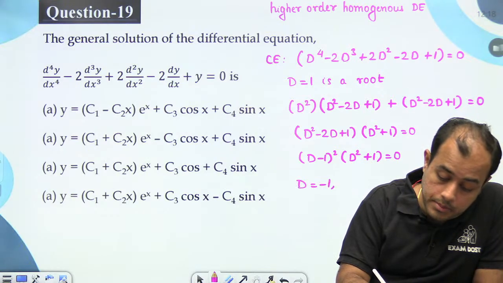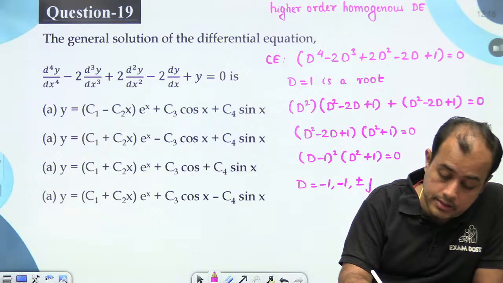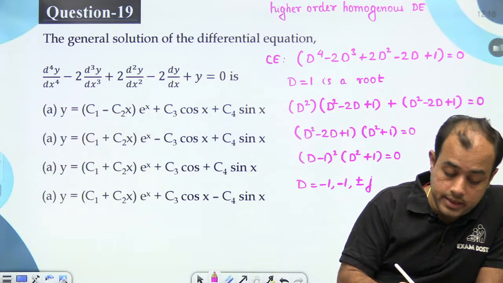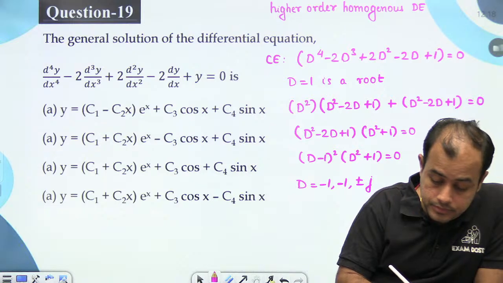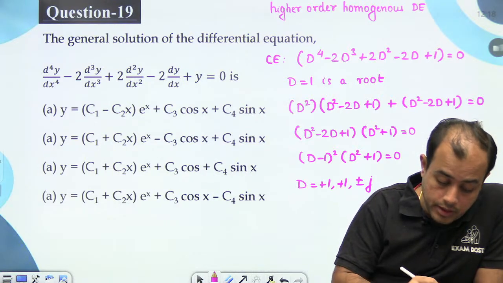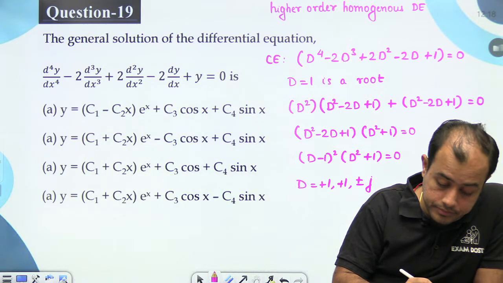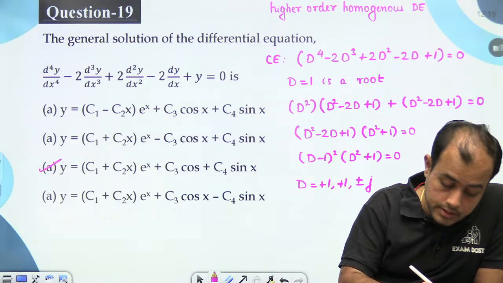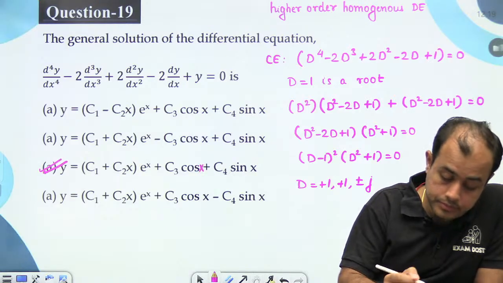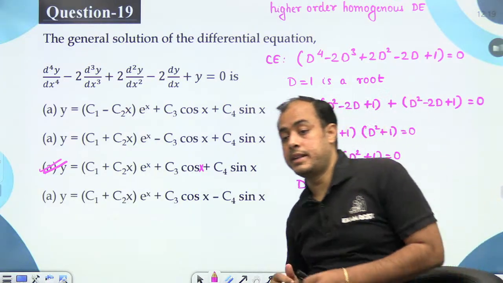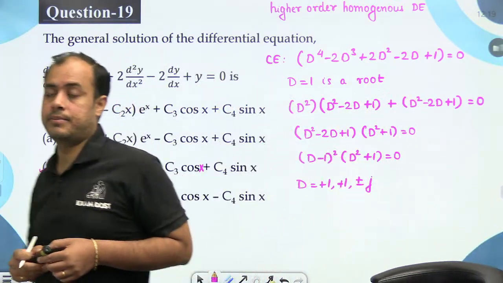So the roots are ±j, and 1 is a repeated root. So the answer will be C.